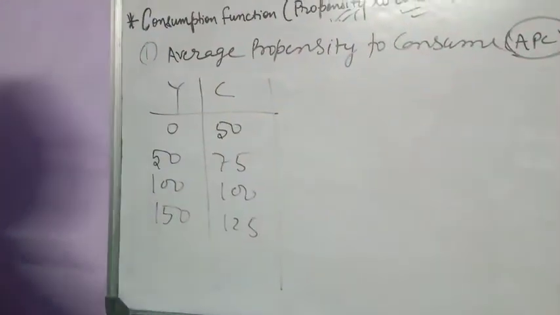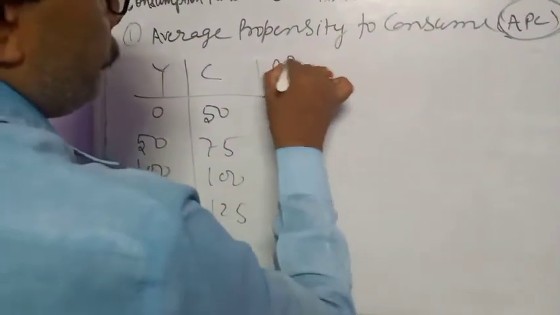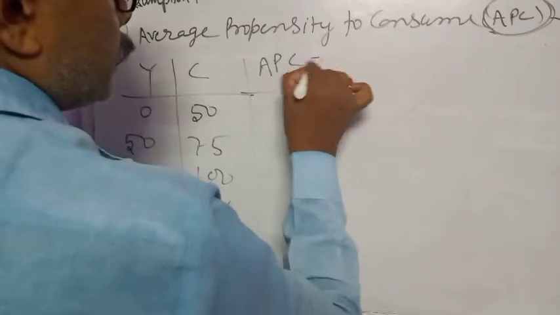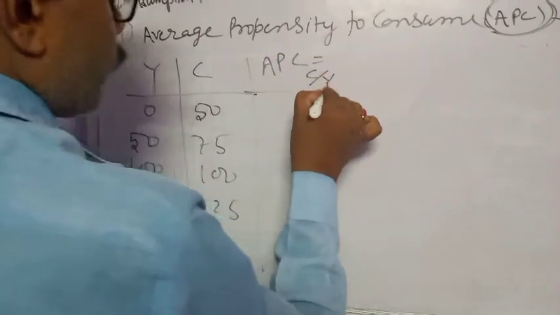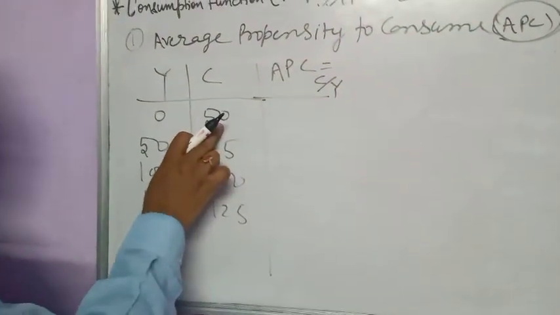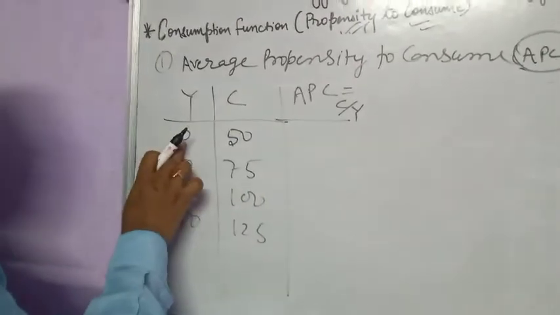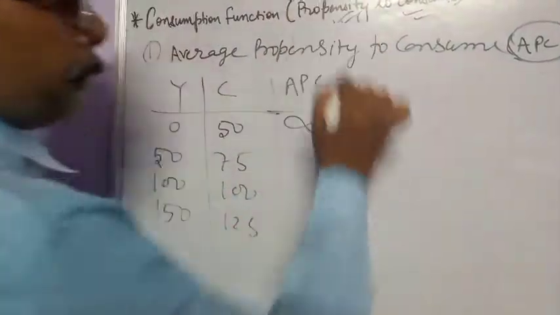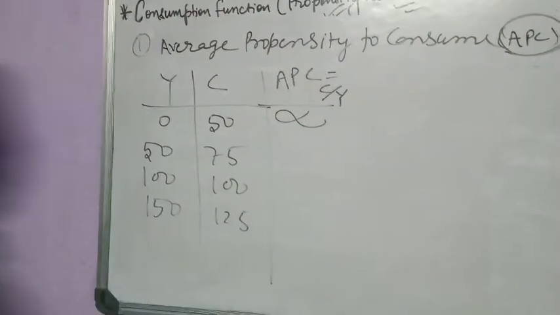So what will be the value of APC? APC is equal to C divided by Y. So consumption is 50 and income is 0. So here APC will be infinite.